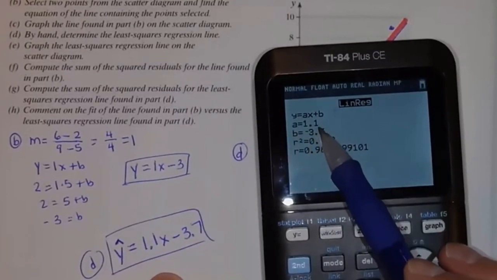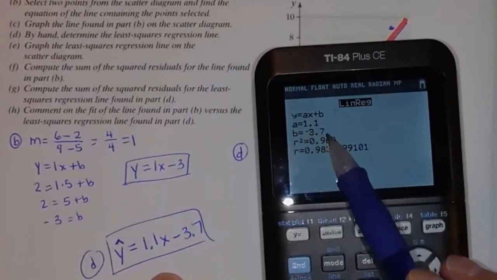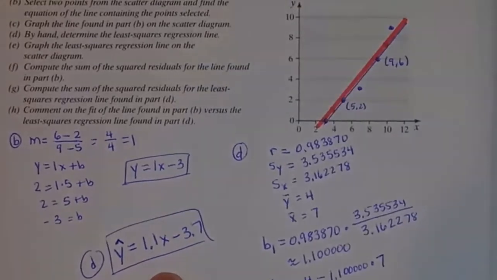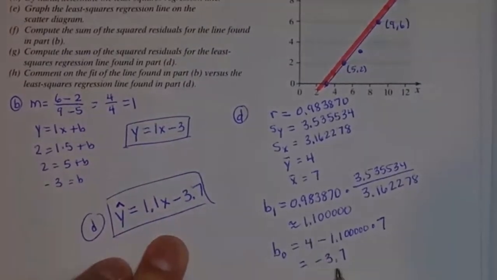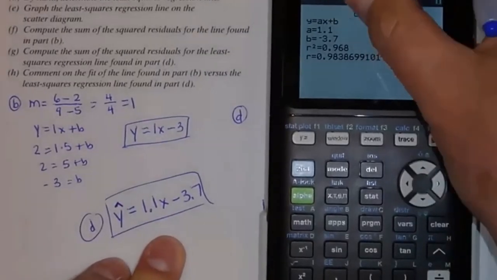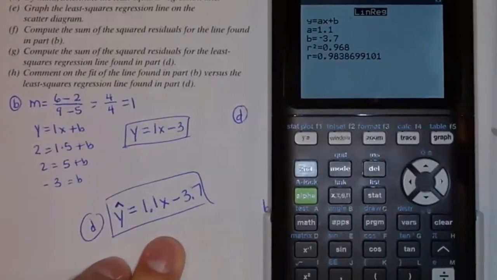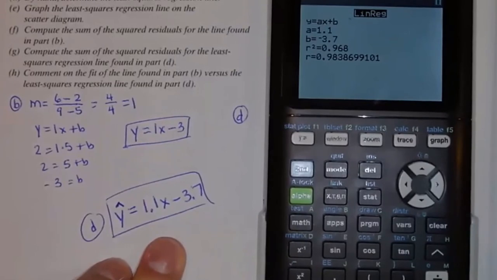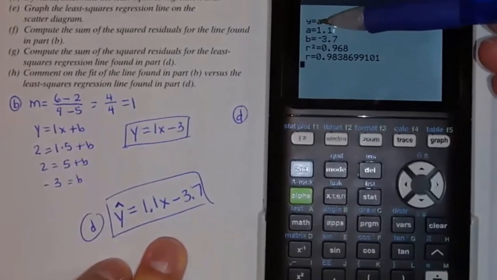A equals 1.1, B equals negative 3.7. That was our slope and our y-intercept. So the calculator, when I find the correlation coefficient, it actually also finds the least squares regression equation for me. So now the calculator calls the slope A and it calls the y-intercept B.